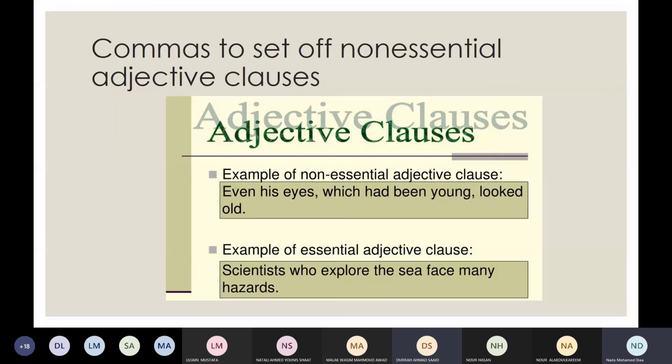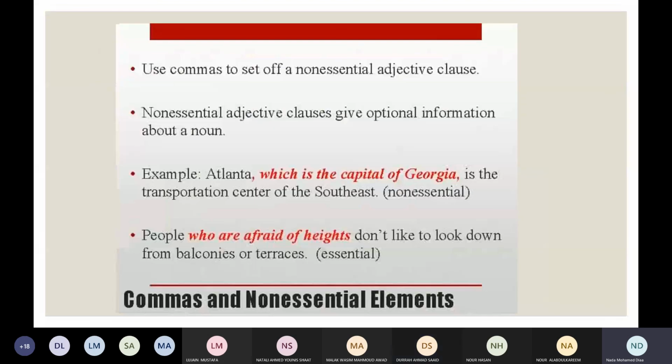Yes, explain the examples. Okay. "Atlanta, which is the capital of Georgia, is the transportation center of the Southeast."